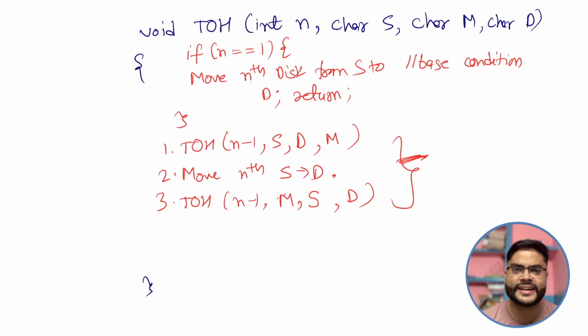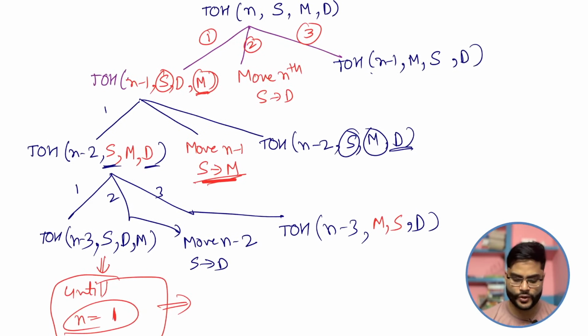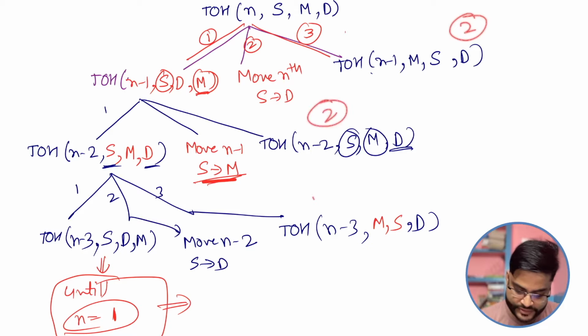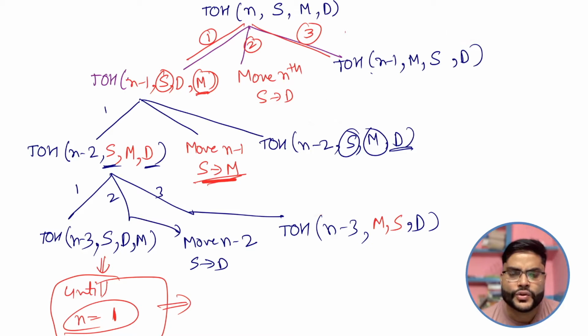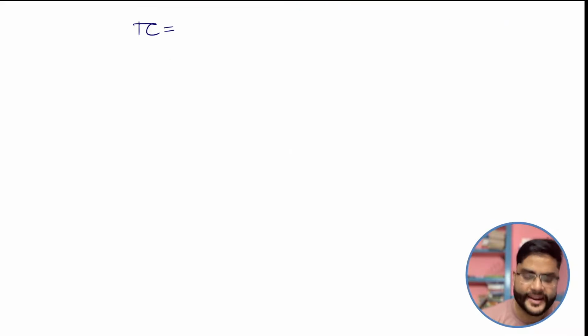Now let's discuss the time complexity. So let's go again to my recursive tree. At every step it is calling 2 recursive functions, right? So in total how many recursive calls will there be?